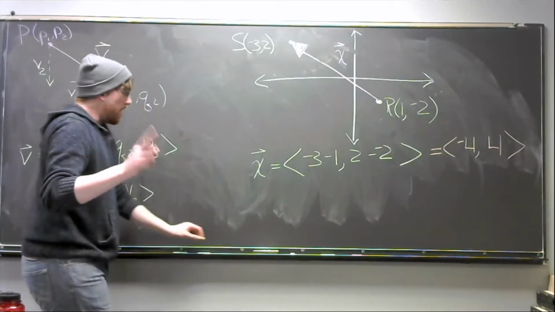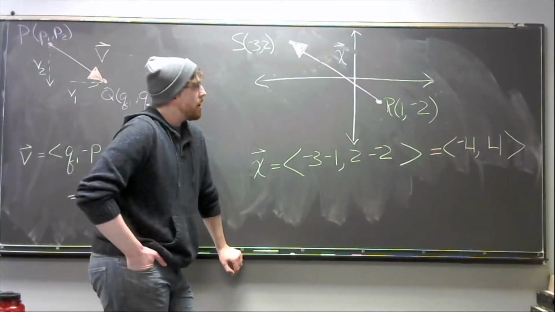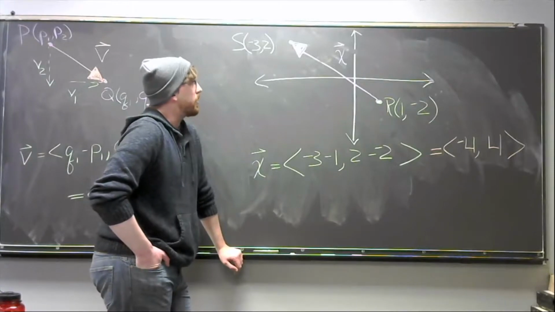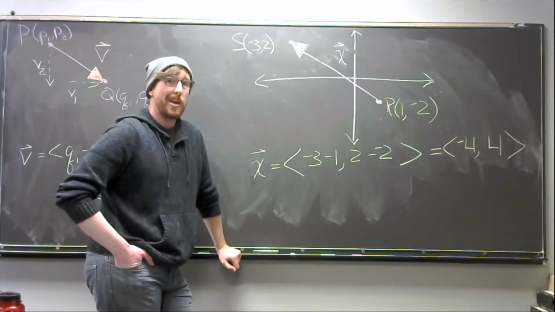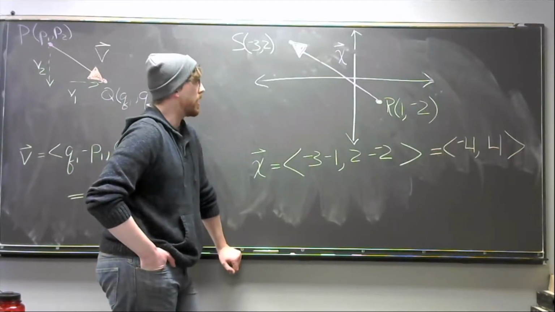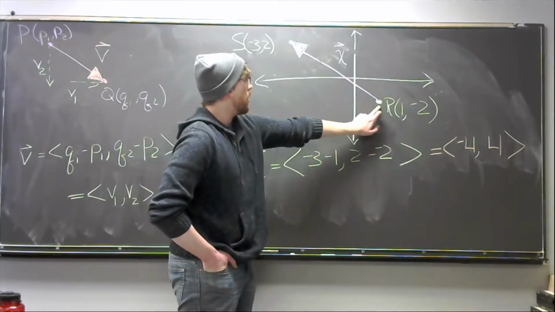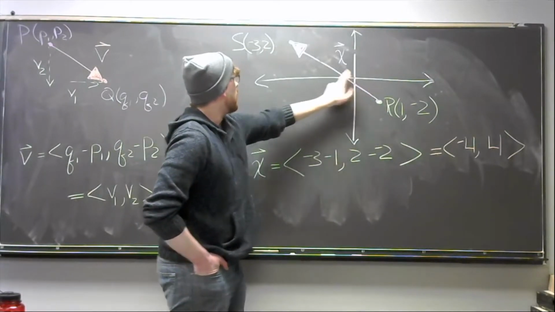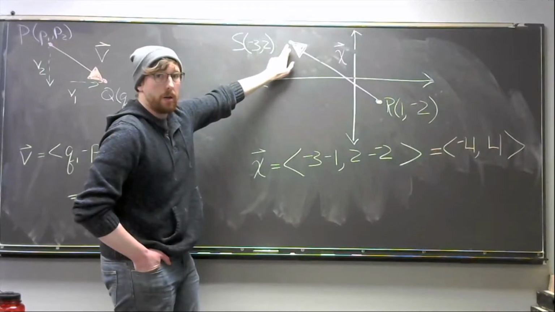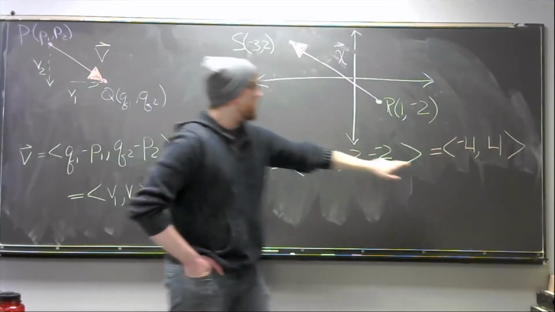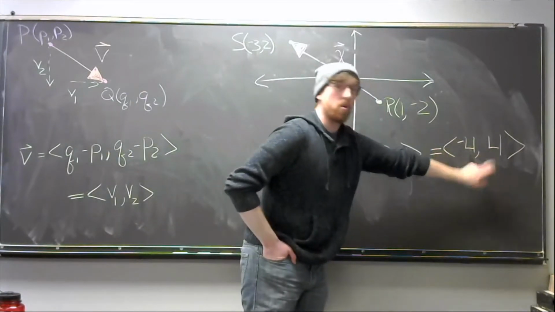It's also saying if I could pick up this vector and put the initial end, so r, at the origin, the terminal end would sit at the point negative 4, 4.